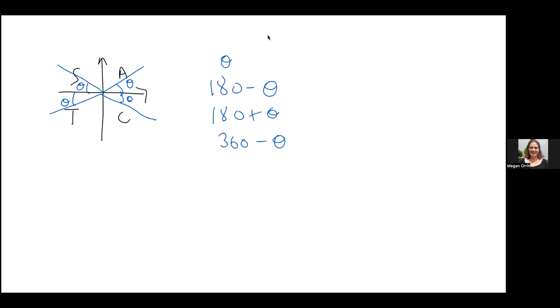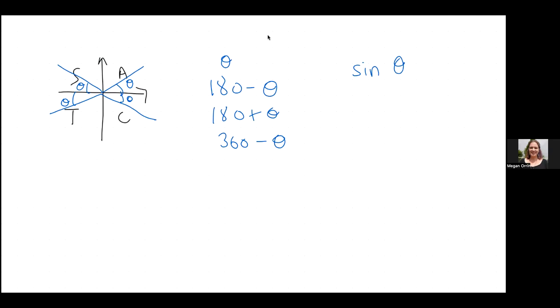So you will always have one other angle you can choose, and you may have multiple. It depends. If you have to go over 360, you might have more than two, but otherwise you're just going to have two if it's within this space. So if I say I want sine of my angle and I want an equivalent one, which only other quadrant am I allowed to be in?